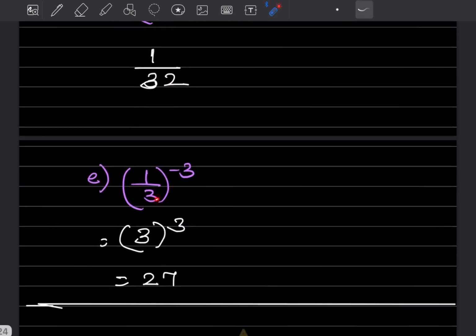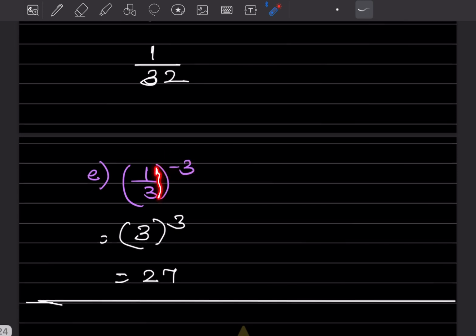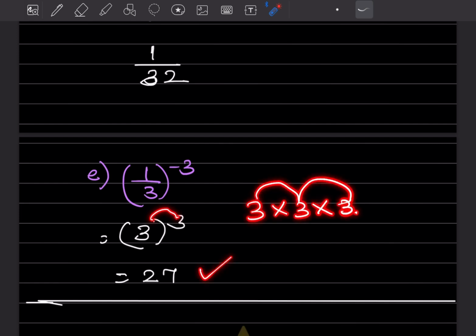Now here, this is a negative exponent, let us make it positive. So this will get flipped over, so that will be 3 by 1, that is going to be 3. Now again this is not 9, but 3 into 3 into 3, so this will be 27.